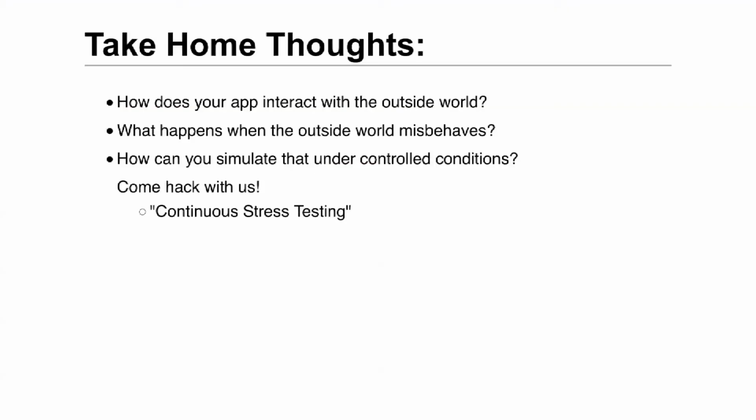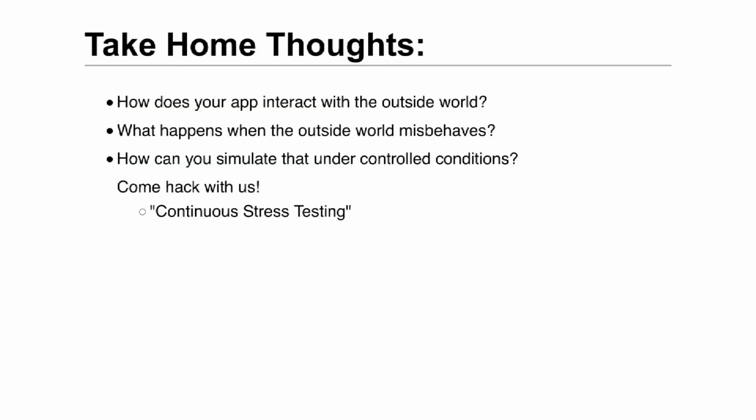What happens when the outside world misbehaves? And does it matter? We kind of have to stand up in the face of some of these failures, but maybe you don't. Maybe you just want to check that your app fails cleanly when your database goes down and comes back cleanly when your database comes back up. Awesome. But you should be able to test for that, and you should be able to simulate those failures under controlled conditions and verify that your app is handling these failures gracefully.